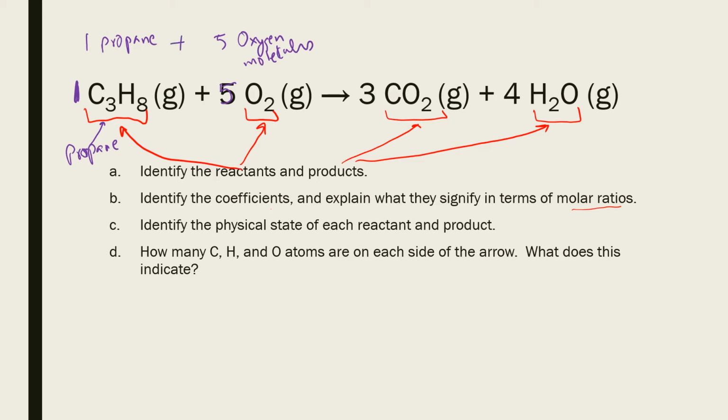And once 1 propane and 5 oxygen combine, they give 3 carbon dioxide molecules and 4 water molecules, since the coefficient for water is 4.